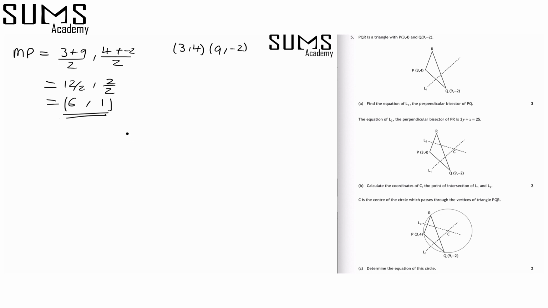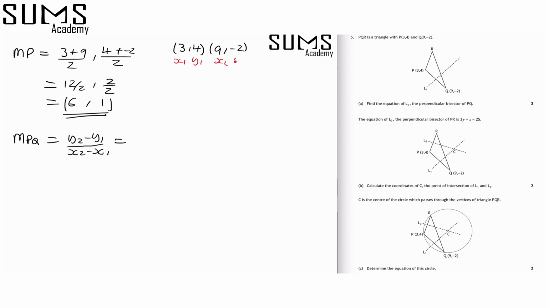Okay, so the next thing we need to do is work out the gradient of this line here, and then find the perpendicular gradient of that line. So we need m of PQ, which is just y2 minus y1 all over x2 minus x1. You can even label it here to make it simple.